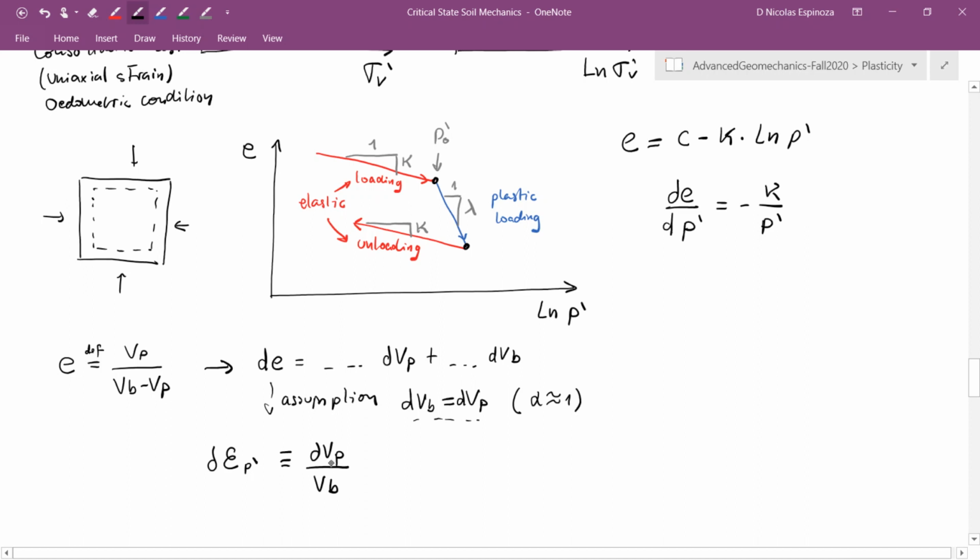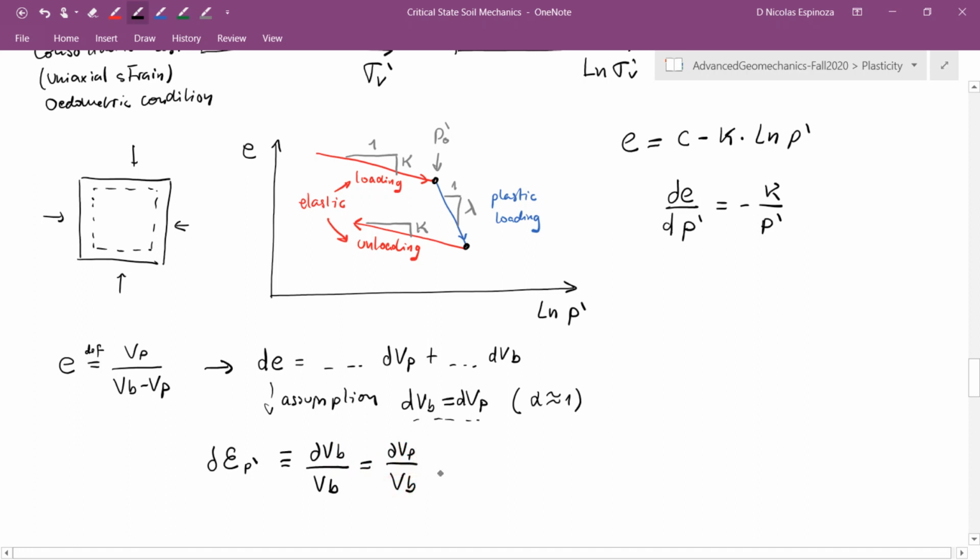And by using this equation, what I'm going to be able to do, let me make this explicit so I don't skip any steps here.